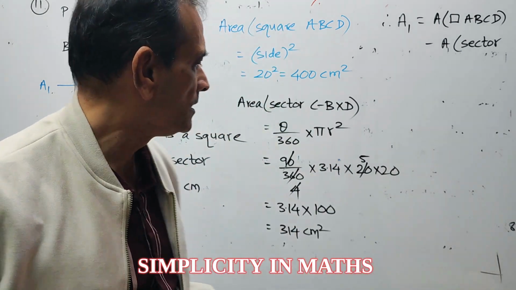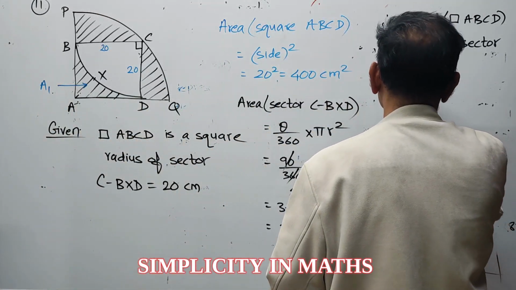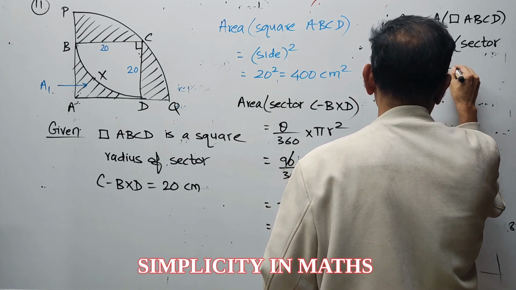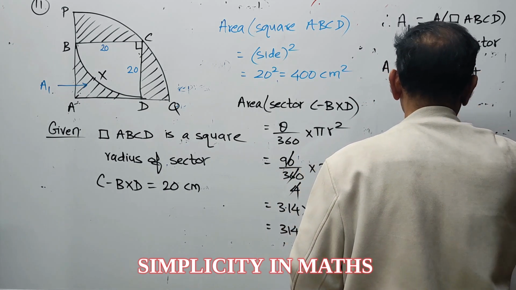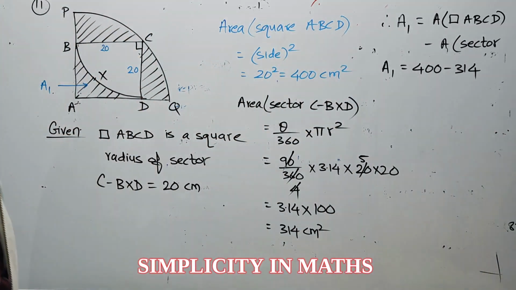How much did we get? 400 minus 314. 400 is the area of square, subtract 314, the area of sector, from it. See how much it comes. 86 came.